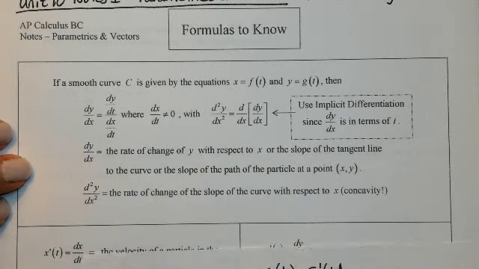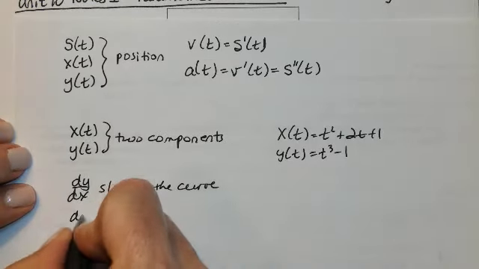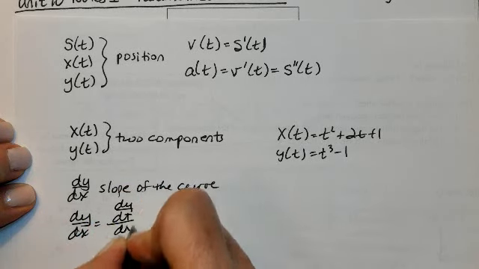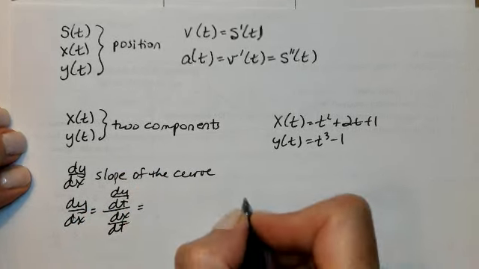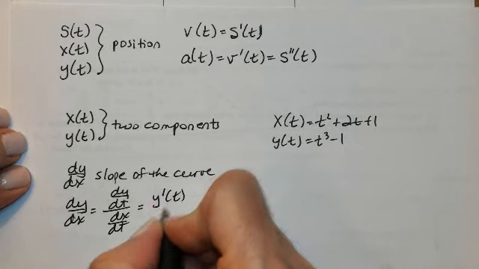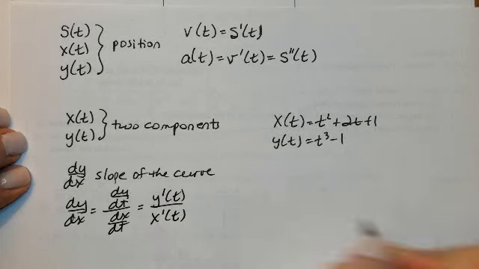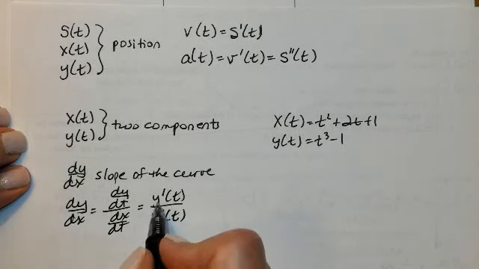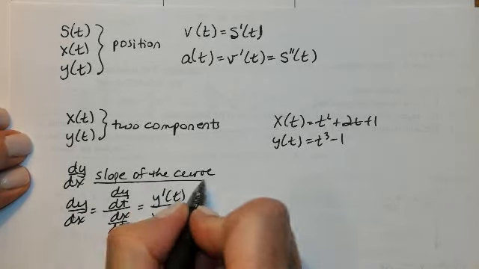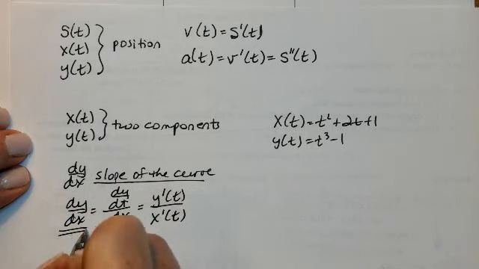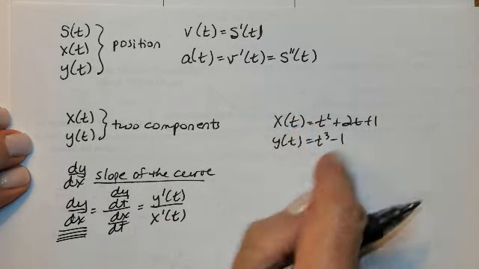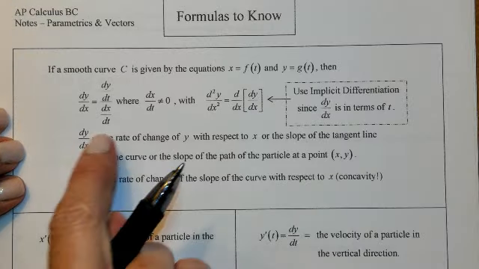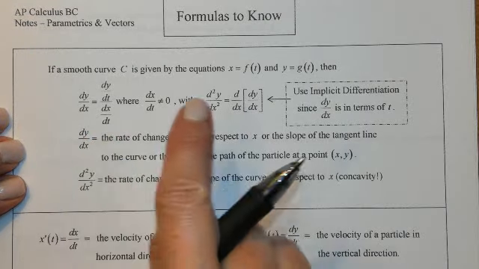Another way to write that is y prime of t divided by x prime of t. Those mean the same thing, all right? When you are asked to find the slope of the curve, you're finding dy dx, even if you have t's in your equations. It's always dy dx.